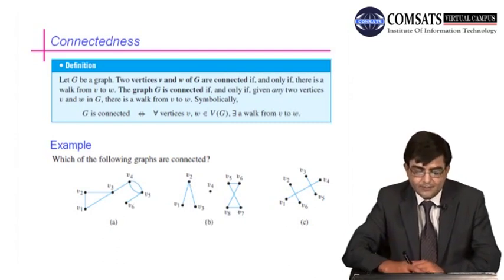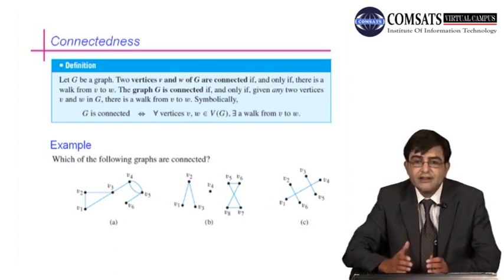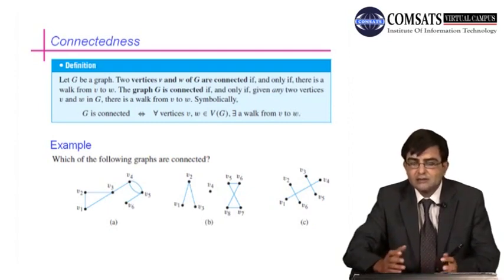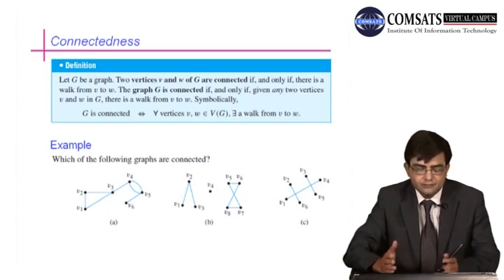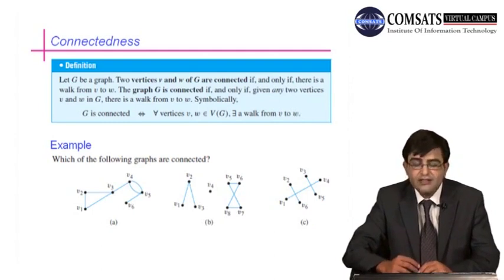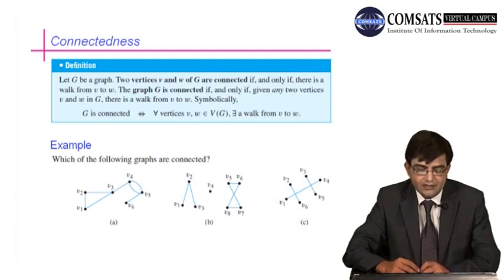If you want to investigate whether a graph is connected or not, that is, whether all the vertices of the graph are connected by some edges, then how can we investigate this? So here is a definition which tells us whether a graph is connected or not.